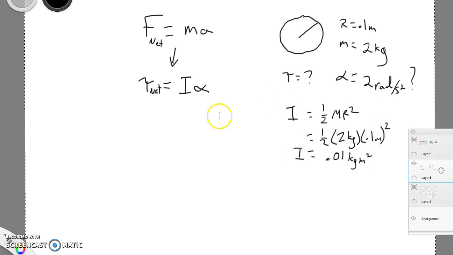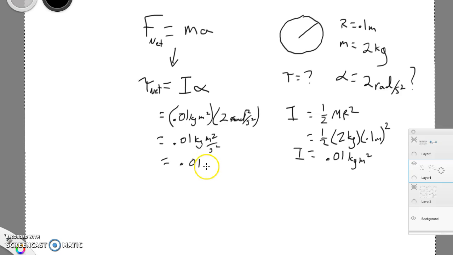If we plug it in here, we have 0.01 kilogram meters squared, and we multiply that by 2 radians per second squared. When we multiply meters squared times the radians, the radians disappear. So we get 0.01 kilogram meters squared per second squared, which gives us 0.01 kilogram meter per second squared, which is a Newton, and then we have the 1 meter on the outside, which is our units for torque.